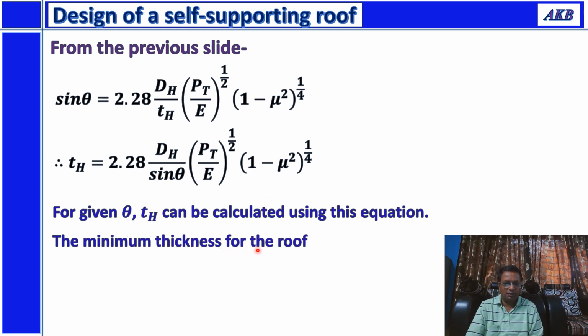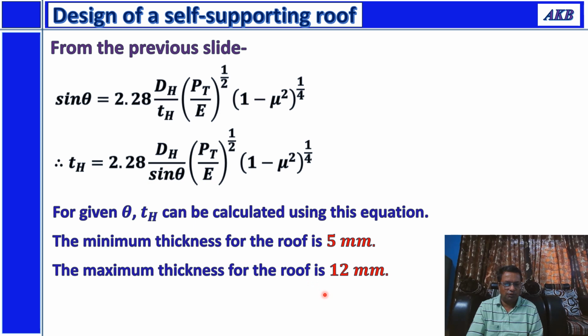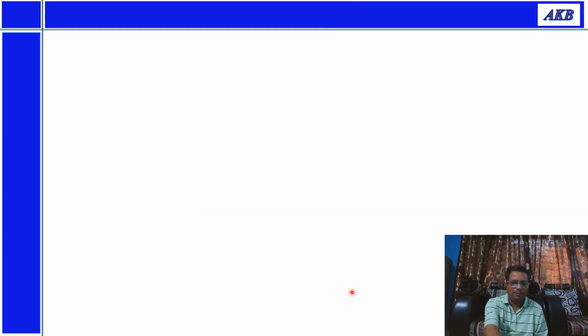The minimum thickness for the self-supporting roof is 5 mm. It cannot be less than 5 mm. And the maximum thickness for the self-supporting conical roof will be 12 mm. It cannot be greater than 12 mm. So in this way, I have discussed how to design a self-supporting conical roof for a vertical cylindrical storage tank.